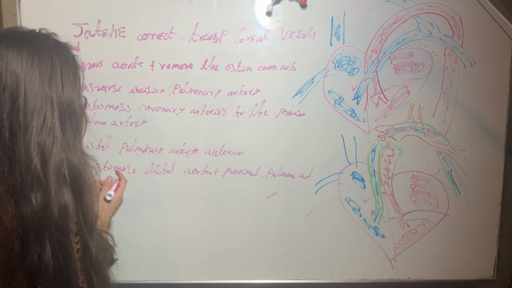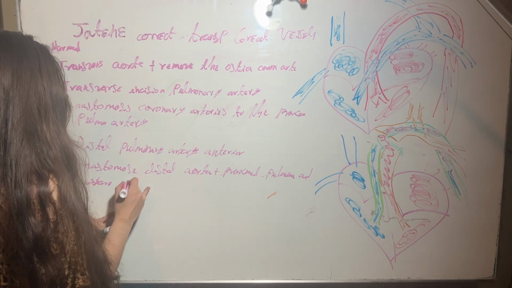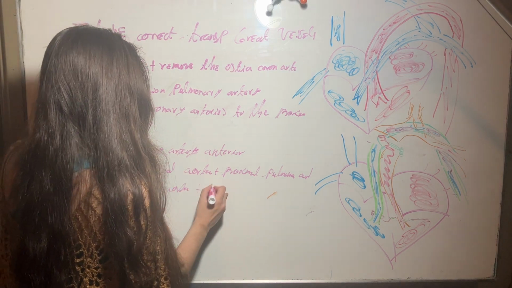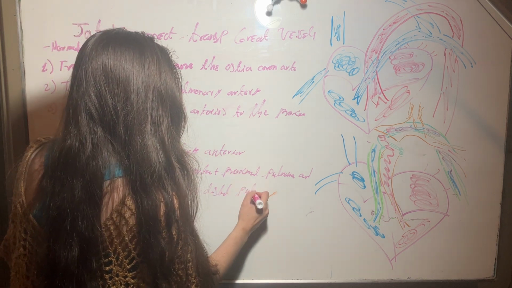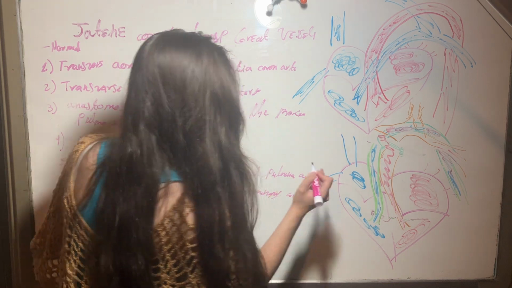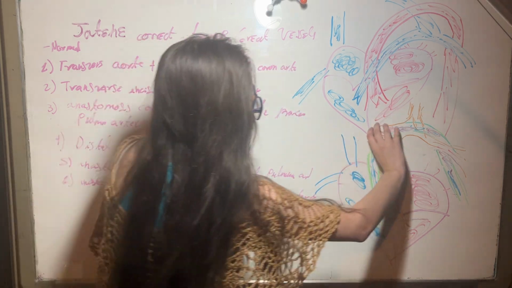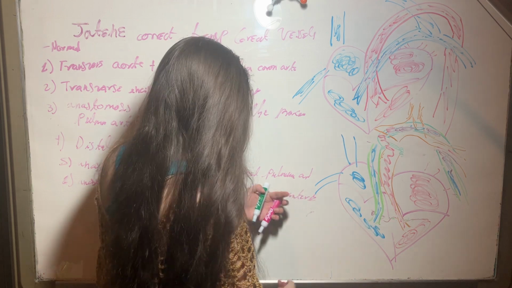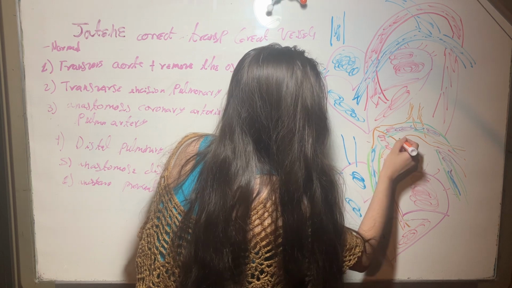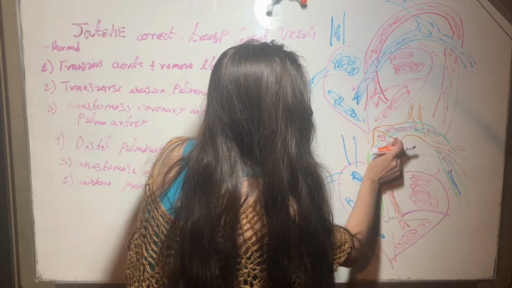And next step, now we are going to anastomose the proximal aorta with the distal pulmonary artery. So here is the distal pulmonary artery, and it is going to anastomose here with the proximal aorta.